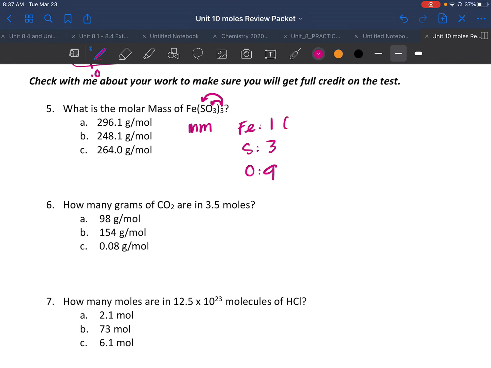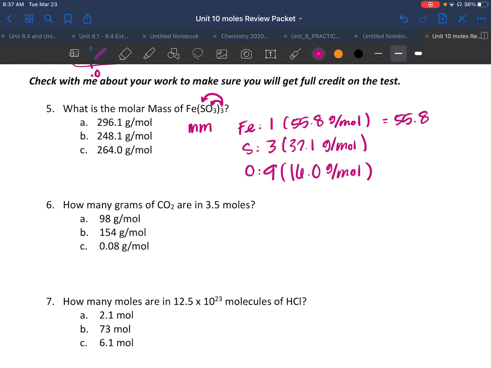1 iron weighs 55.8 grams per mole. 1 sulfur weighs 32.1 grams per mole. 1 oxygen weighs 16.0 grams per mole. So if we add up these things together, this stays at 55.8 grams per mole.